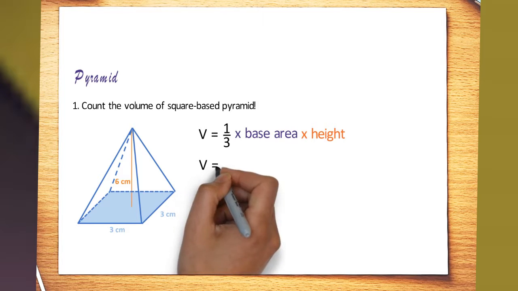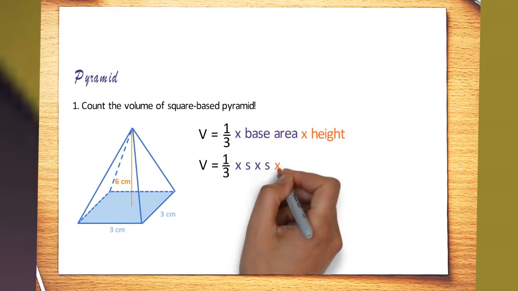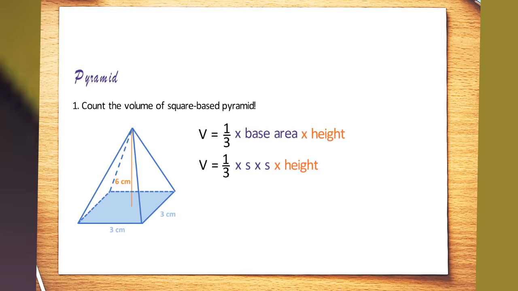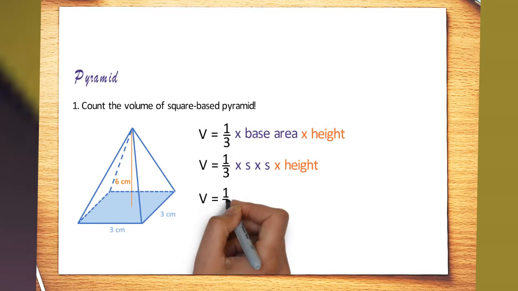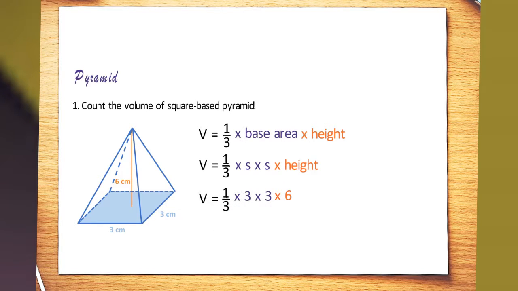It is equal to 1/3 times side times side times height, because the base is a square. So it is equal to 1/3 times 3 times 3 times 6. Let's divide 3 by 3, which is equal to 1. So the final result, the volume is 18 centimeters cubed.